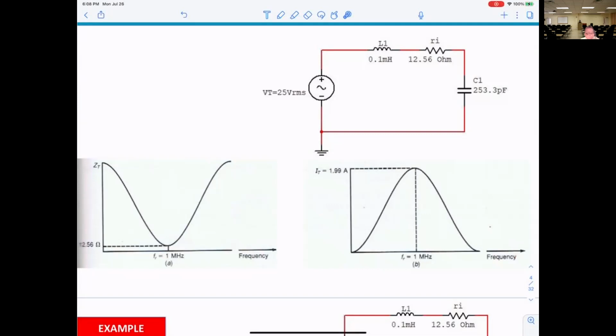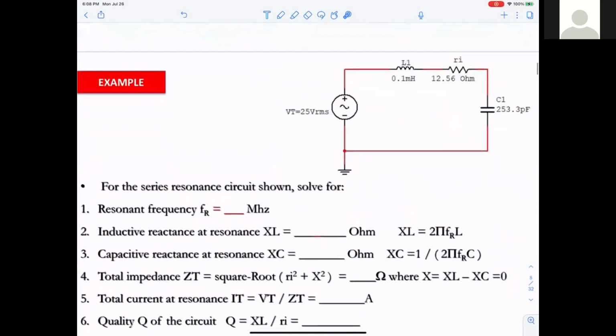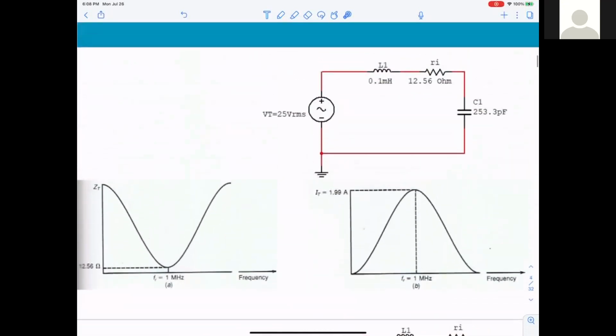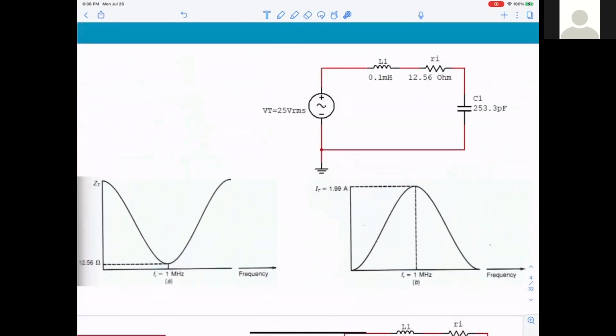At the resonance frequency, XC and XL cancel, so that's why you can get the maximum current. That would be maximum at 1 megahertz. It's not the carrier, that's just the frequency at the resonance.